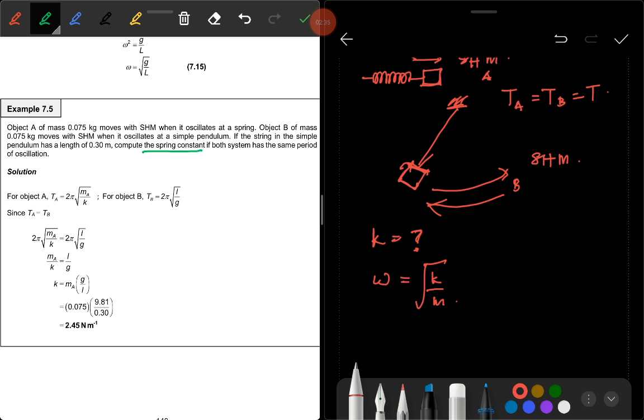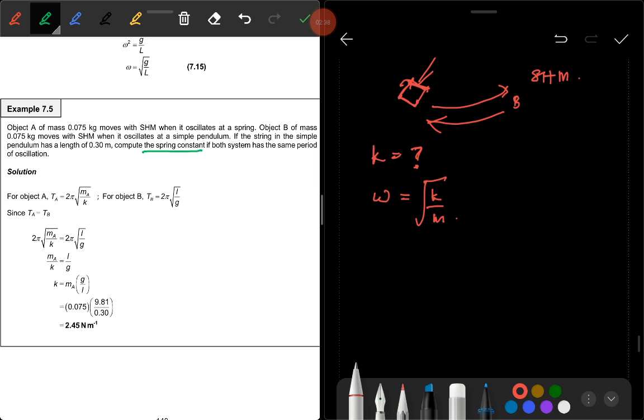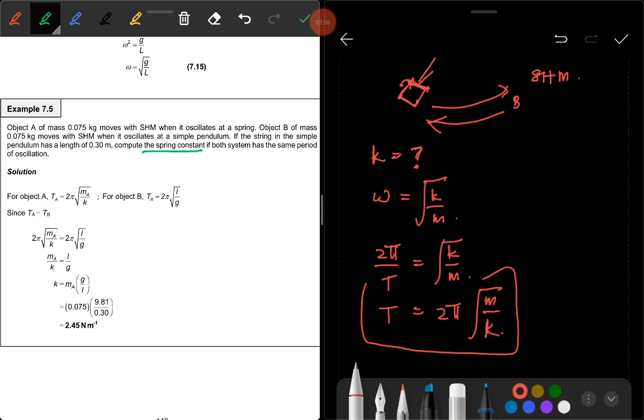Omega is also equal to 2 pi over T. So when you rearrange the equation, T is equal to 2 pi square root of M over K. This is number one, from object A.